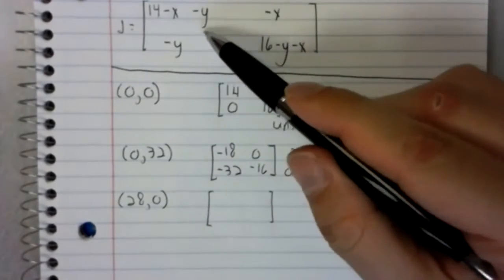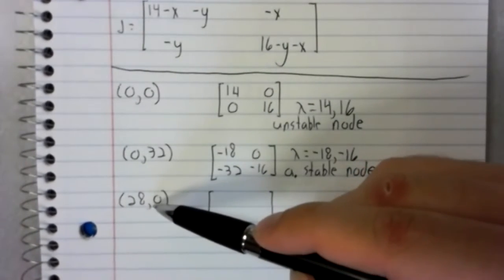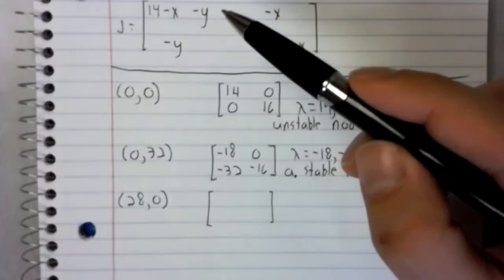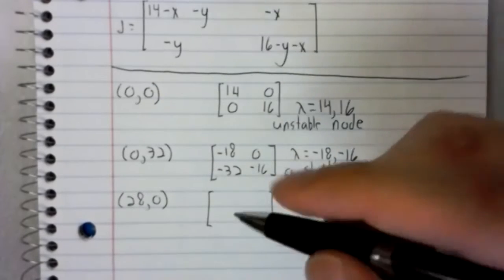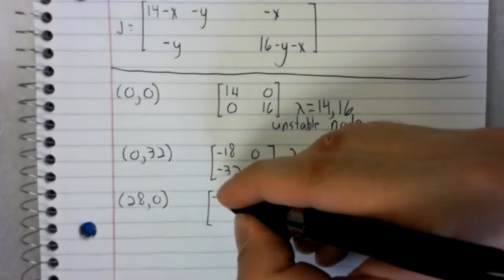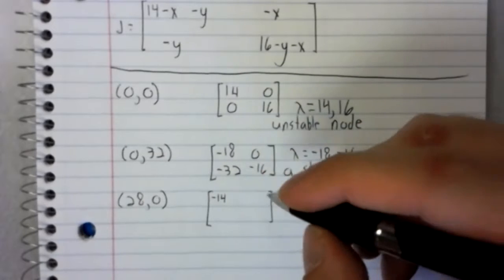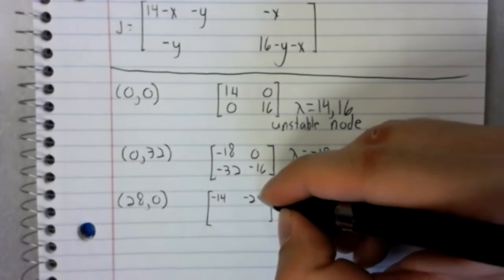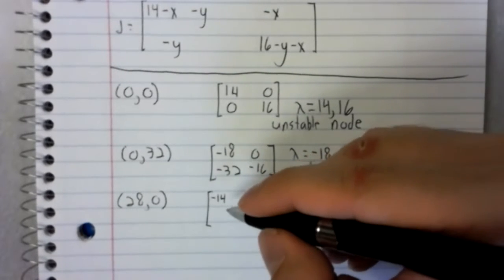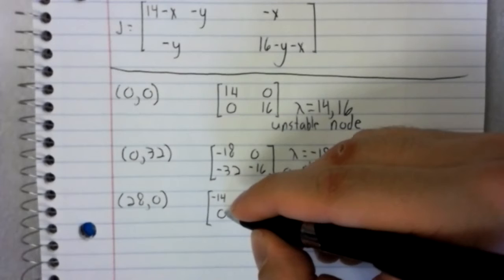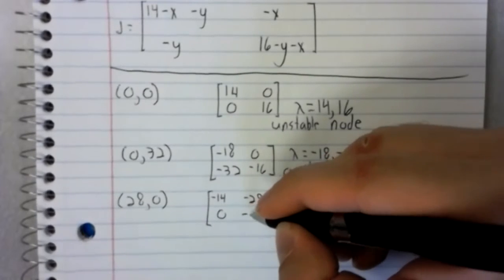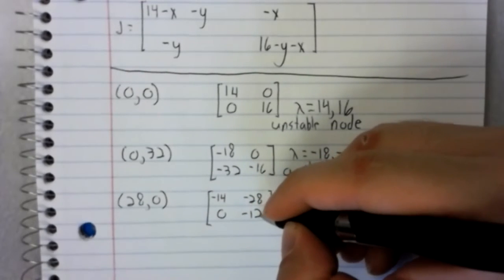The Jacobian, when we plug these numbers in, is negative 14, negative 28, 0, negative 12.